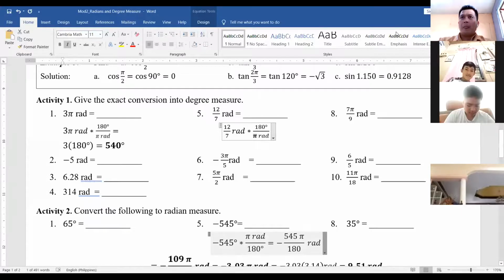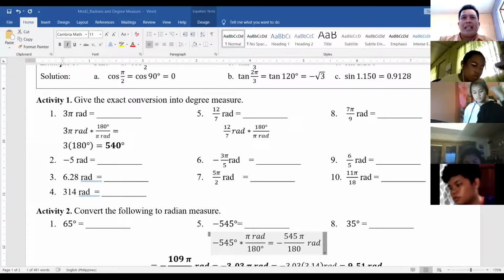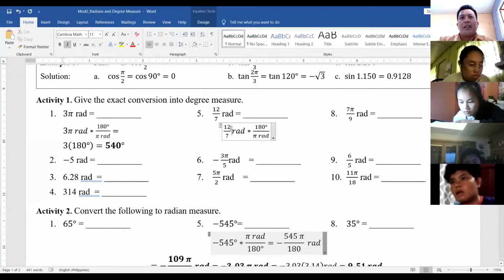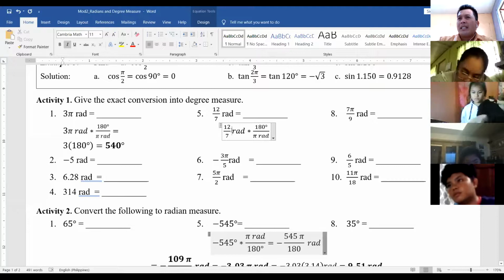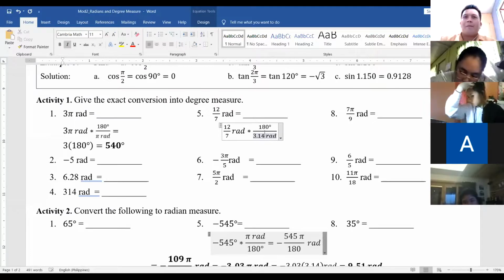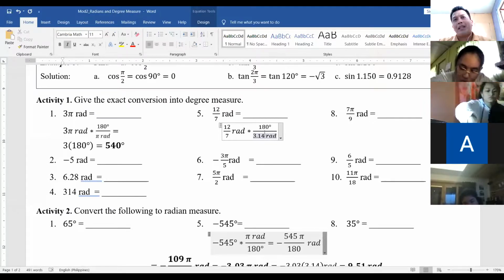With the pi here, class, we don't have a value of pi that can be eliminated in our numerator or anywhere else in the given. 3.14. Very good. We will make this into 3.14. As such, we don't have a problem at all.